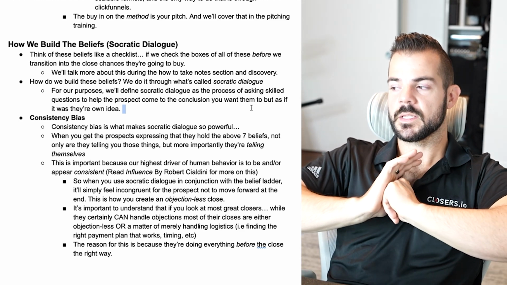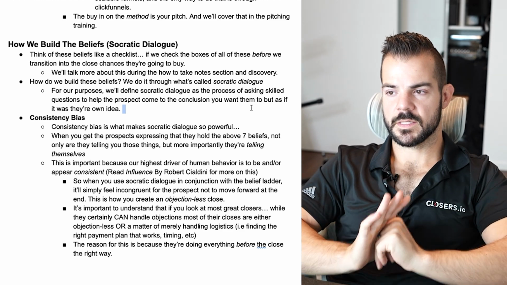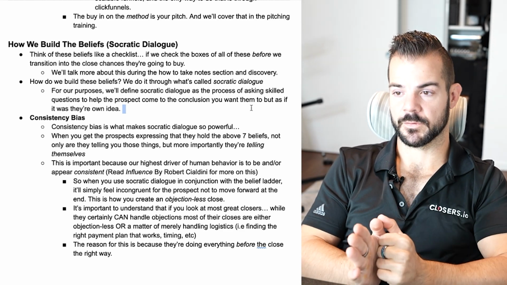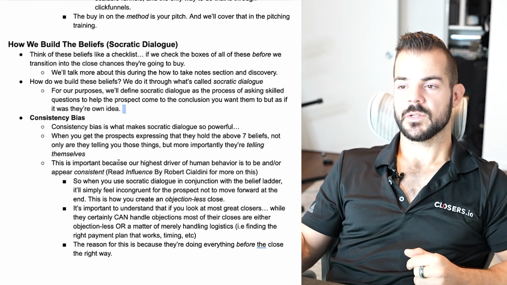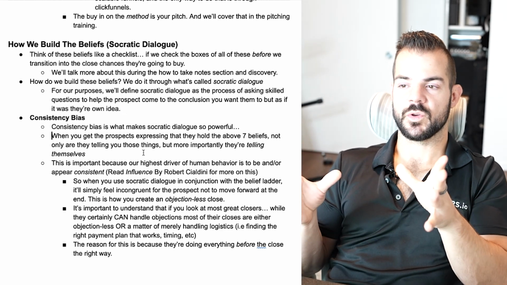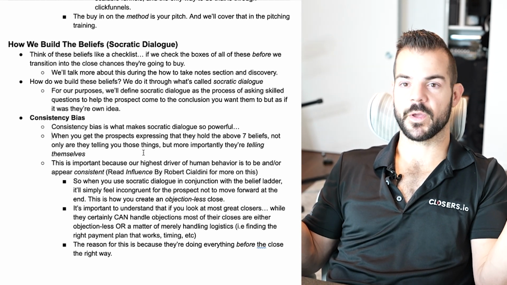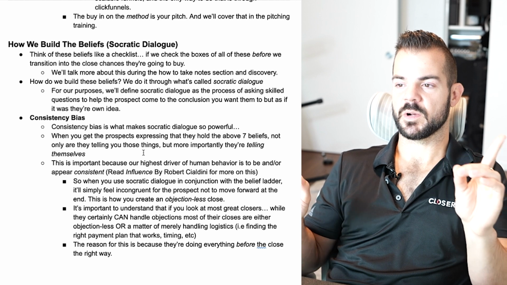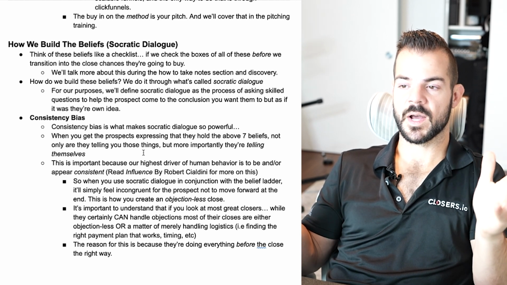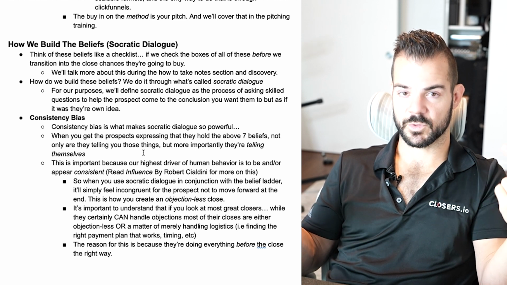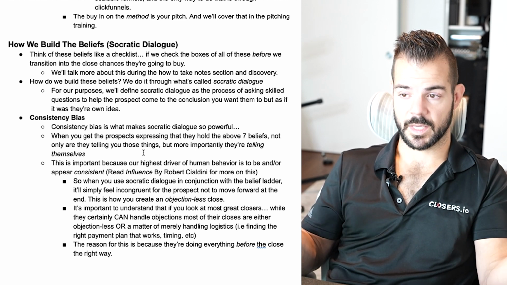So consistency bias. Consistency bias is what makes Socratic dialogue so powerful, okay? Here's the thing, and it's the number one thing that Robert Cialdini talks about in his book, Influence. When you get prospects expressing that they hold the 7 beliefs, not only are they telling you those things, but more importantly, they're telling themselves, okay?